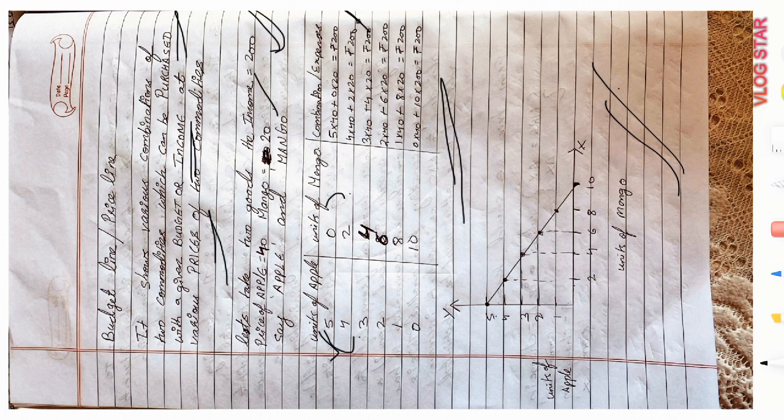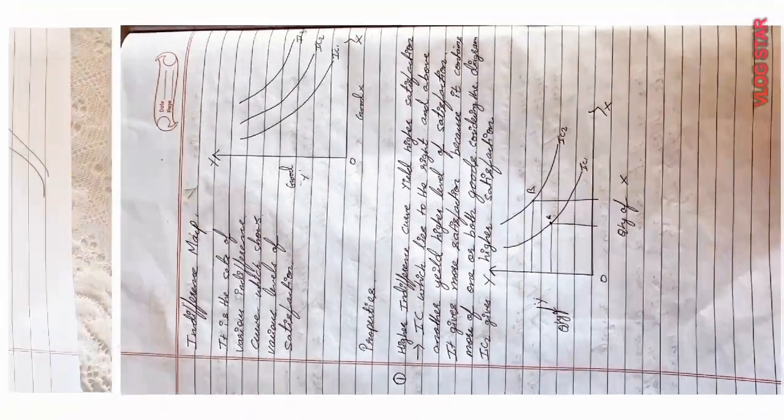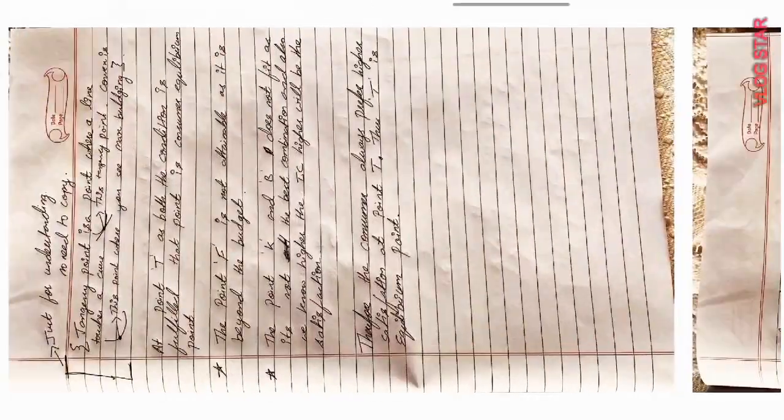After this, let's talk more about the budget line. The thing to be noted over here about the budget line is, see, the slope of the budget line is very necessary. All these things from here till here, I'm doing just for your understanding. You just need to know only this much.